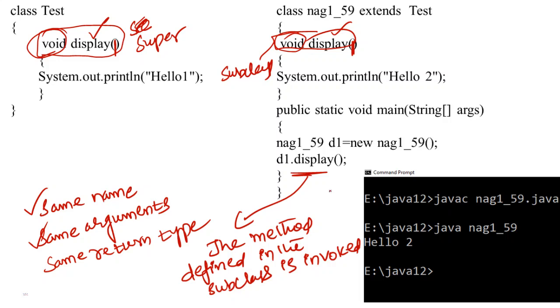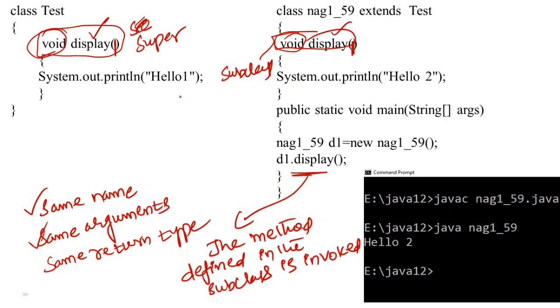What does it mean? The method which is available in the subclass overrides the method which is available in the superclass. If the superclass and the subclass have the same method, same return type, same name, same arguments, we say that the superclass method is overridden by the subclass method. Your subclass method overrides the superclass method. It is called method overriding.